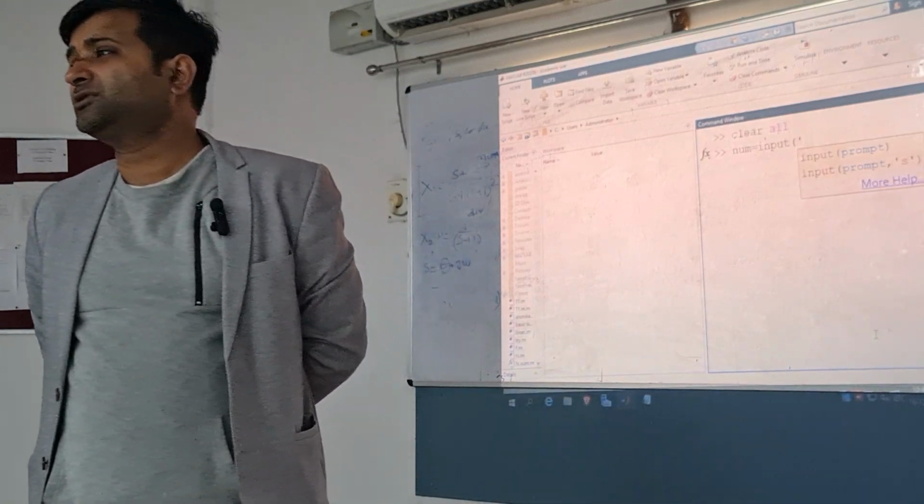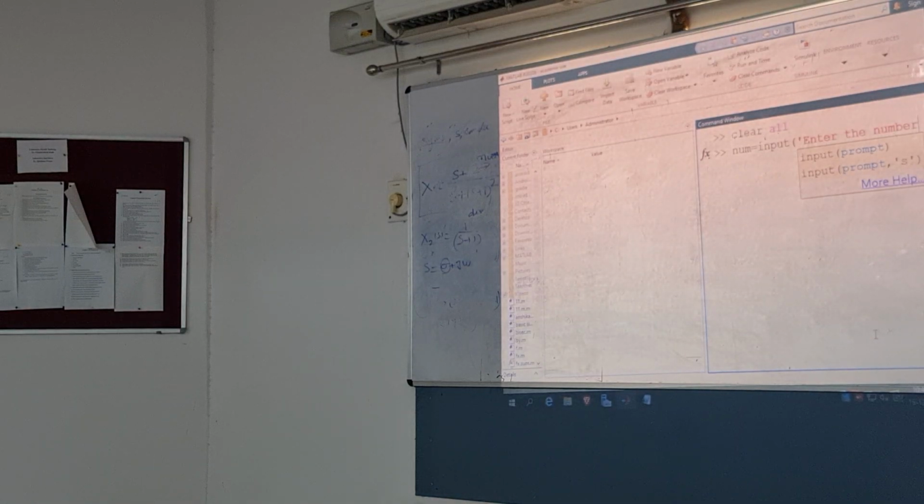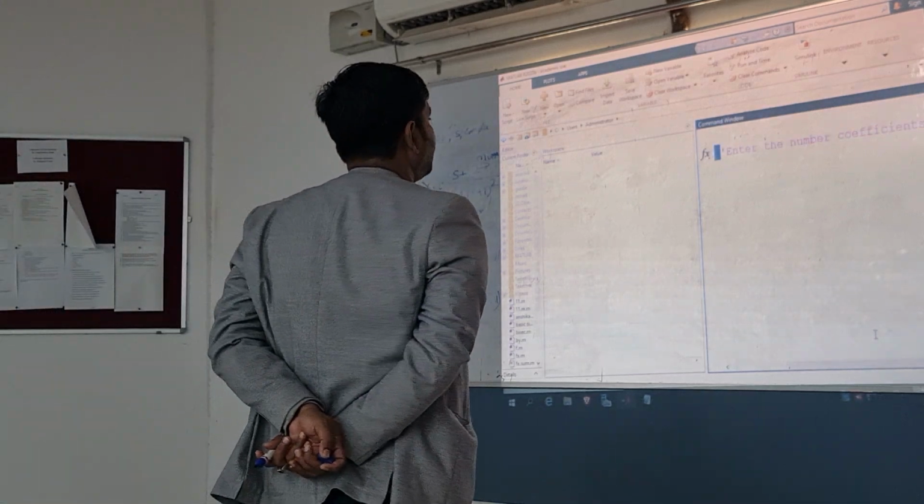Given the numerator input, enter the numerator variables, enter the numerator coefficients, ठीक.